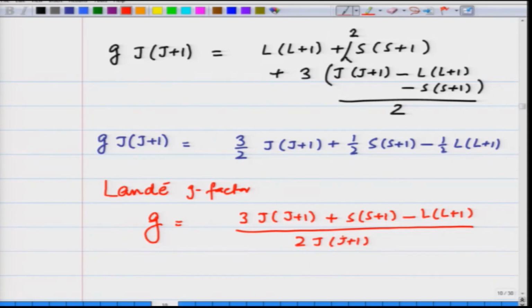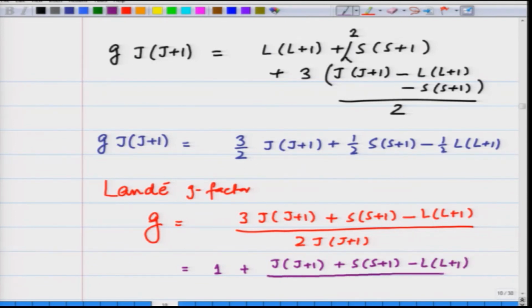This is also written sometimes as equal to 1 plus J(J plus 1) plus S(S plus 1) minus L(L plus 1) divided by 2 J(J plus 1). Whichever form you find suitable, remember that.